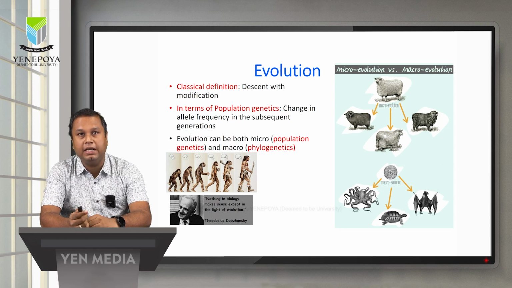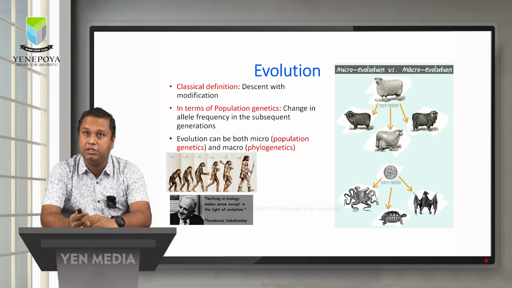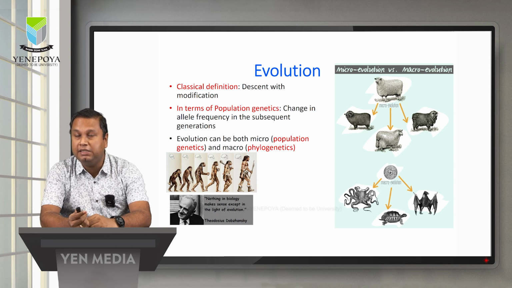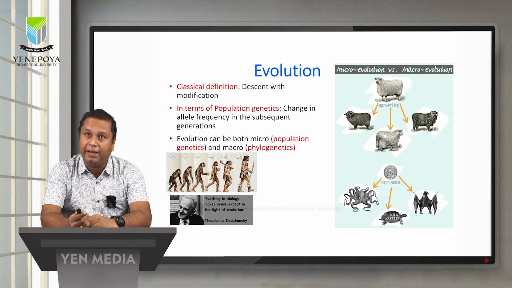Evolution, as you can see, can happen at two levels, both at the micro level and at the macro level. In the micro level, as you can see, those 4 sheep, they are all sheep and they look quite similar, but there are striking differences in them. Although they are all the same species, there are striking differences. This is the evolution occurred at the microscopic level or within population level, below species level.